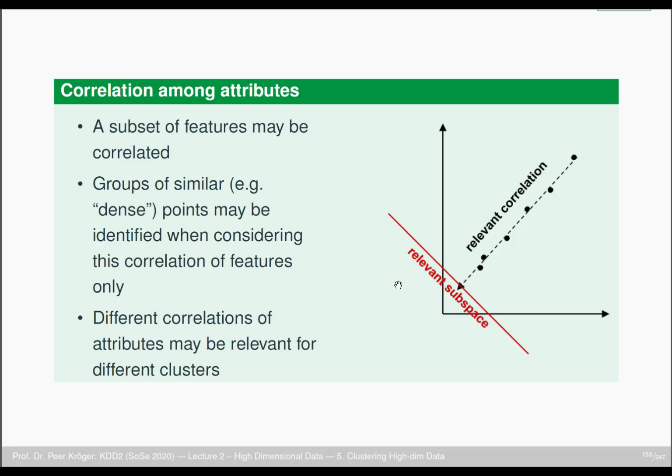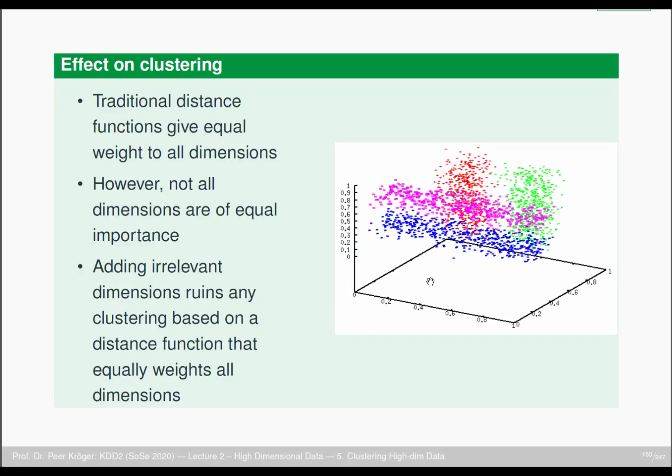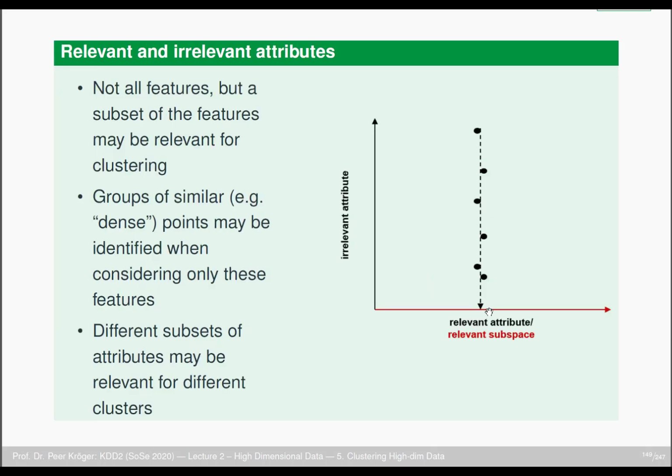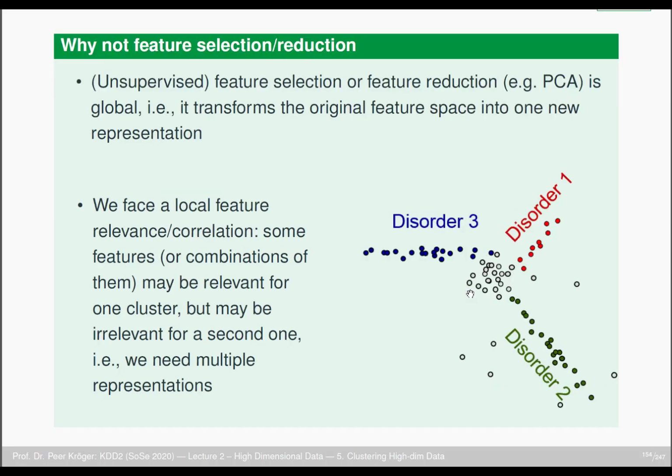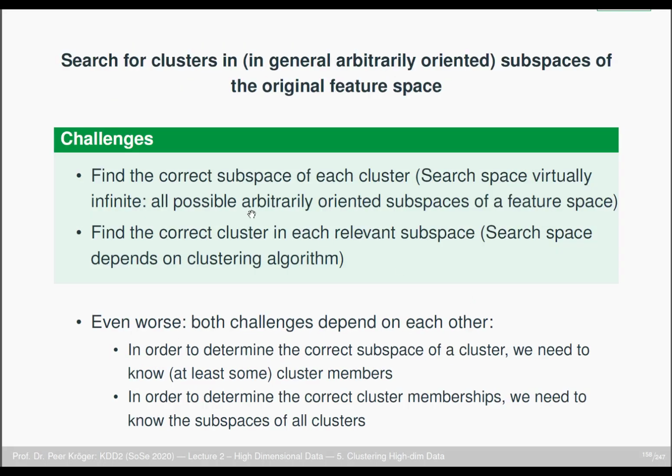And the special case, of course, is this one here, that the subspace is axis parallel. But in general, it is usually the case that we search for arbitrarily oriented subspaces. So that is the general problem setting, and all of a sudden we have two challenges to solve.